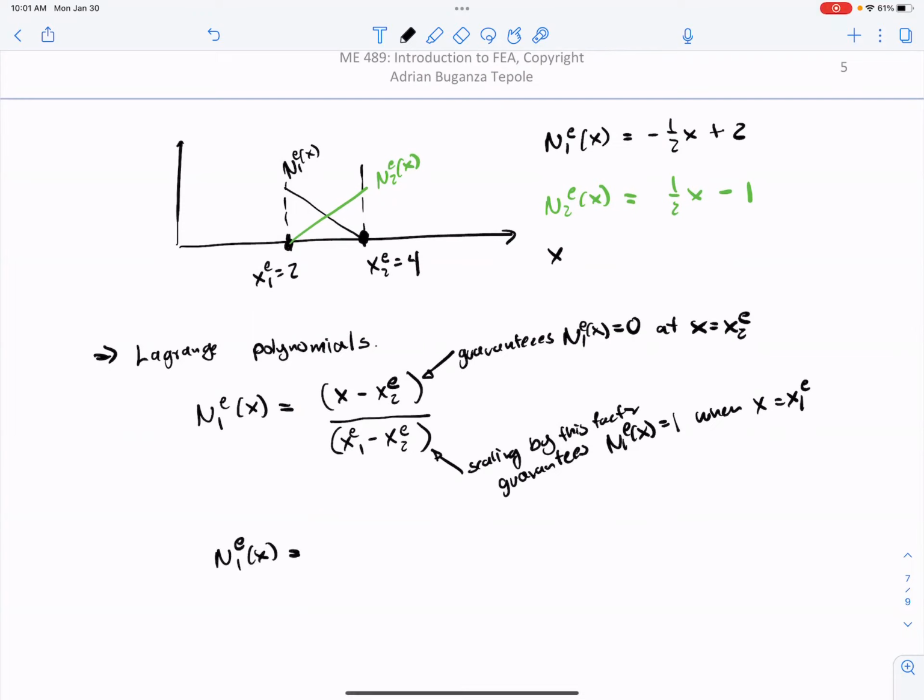So in this case, X minus X2 is X minus 4. And then below would be X1 minus X2, so 2 minus 4. So indeed it is minus 1/2 X plus 2, correct.